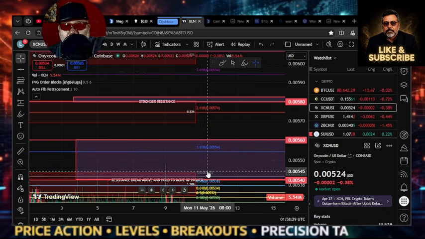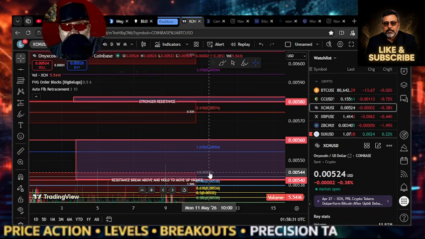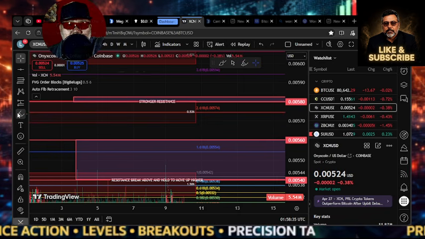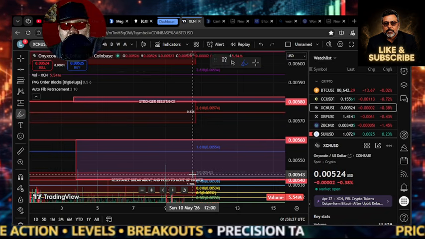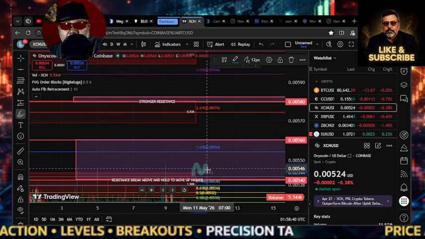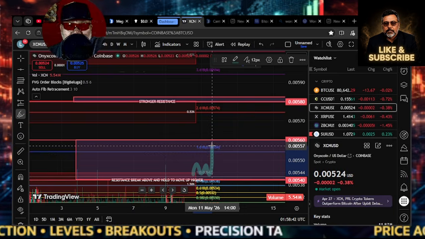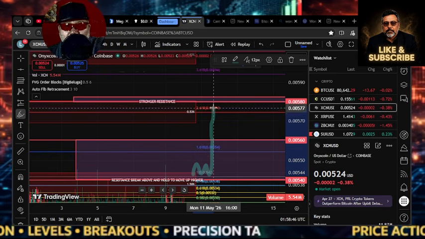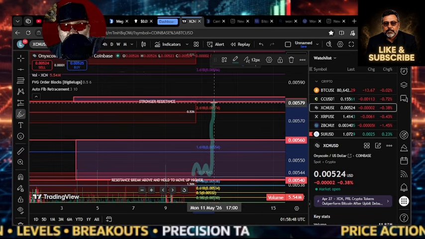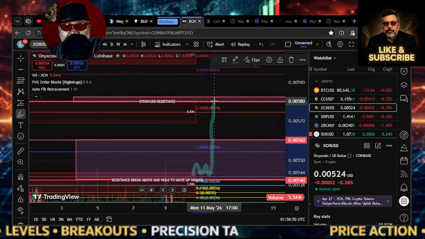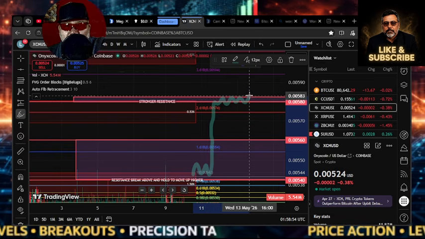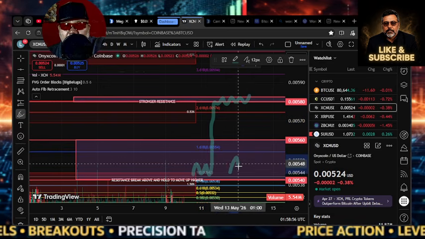So if we push above the 540 and hold this area, we get up here, consolidate, and show this as a support. Ain't got to be here long. We could turn this resistance into support, and our next area to try to break through is this 00580 right here. This area right here is a stronger resistance than down here.